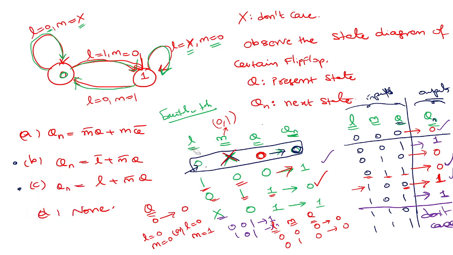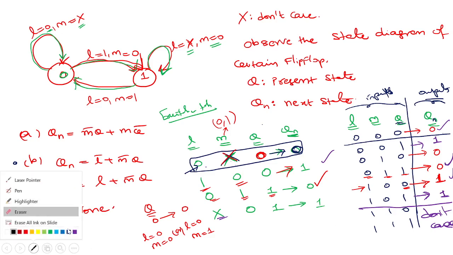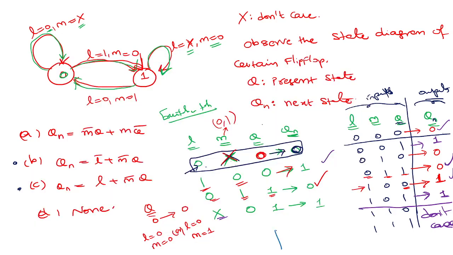So, a simple Karnaugh map, I don't want to do it right now. Here, you can just try a three variable Karnaugh map and then let me know what is the answer. So this is Qn, you have L, M, Q, 0, 1, 0, 0, 0, 1, 1, 1, 1, 0, right?